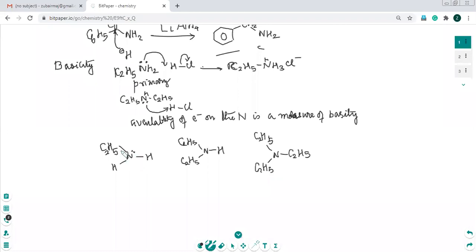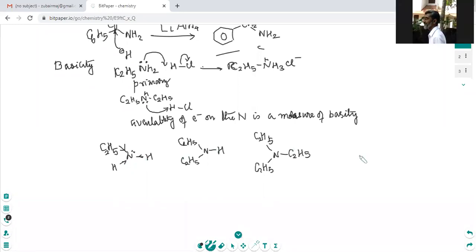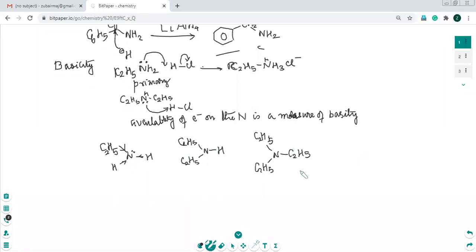Now look here, inductive effect. What will the inductive effect do? It is concentrating the electrons more on the nitrogen. It is donating, plus I effect. Here also. Now compare this and this. Here you have two alkyl groups, it further increases electron density, so this is more basic.